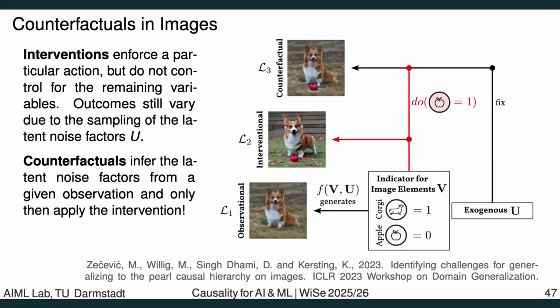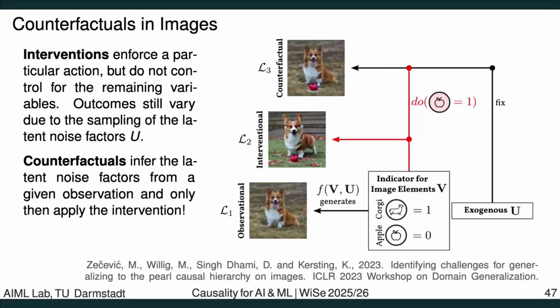So, and now you're wondering maybe about the effect of the do operator for these kinds of images that you got. So on the interventional level, things would have played out differently, right?